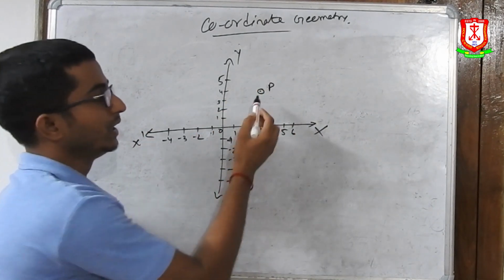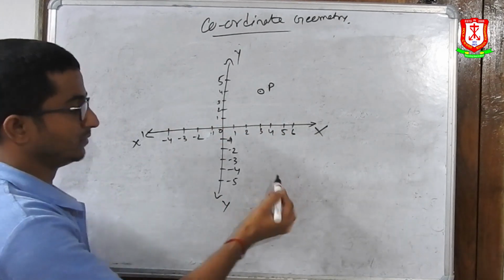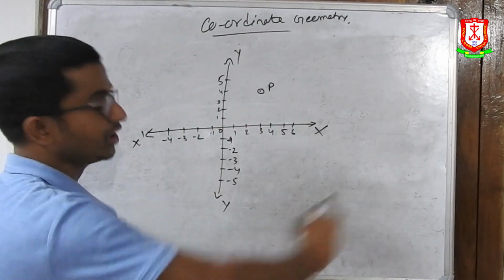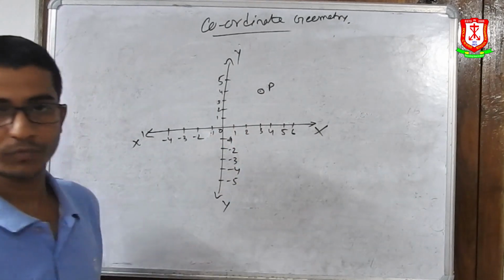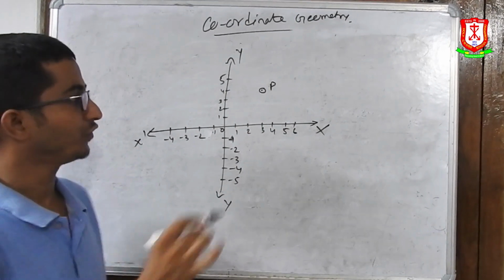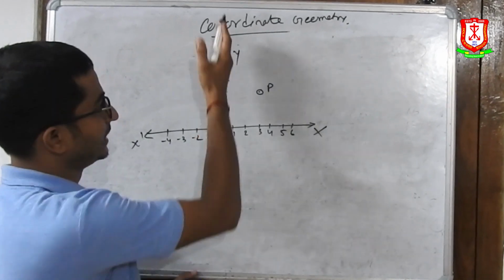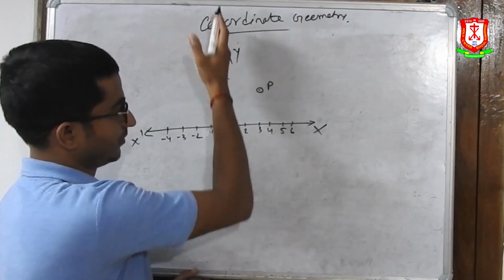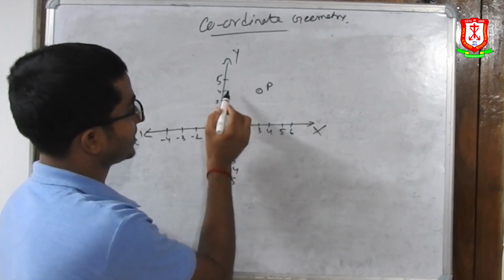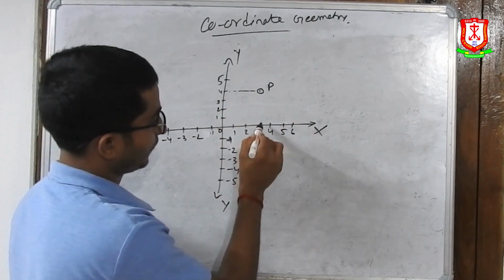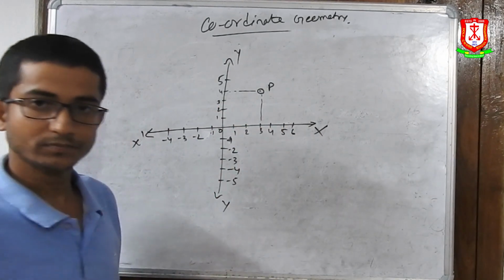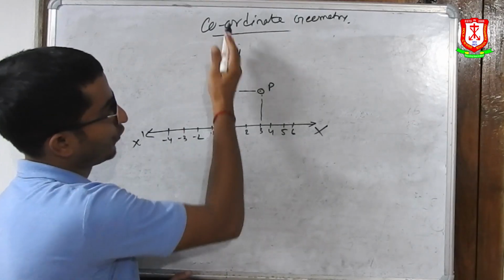If we consider one point P on this Cartesian plane, we have to find the location of this point P. How do we locate these points? This is vertical and this is horizontal. Now see, this is the y-axis.